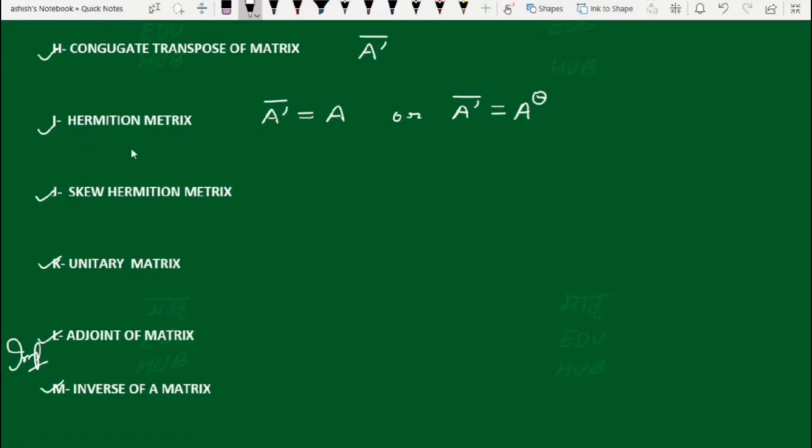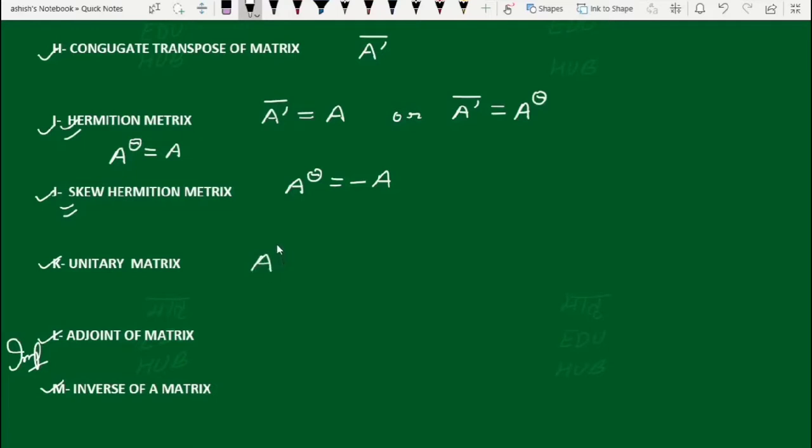For a Hermitian matrix, A power theta equal A. For a skew Hermitian matrix, A power theta equal minus A. These are always complex, because here we can define the conjugate.